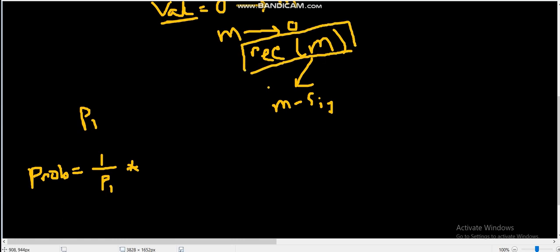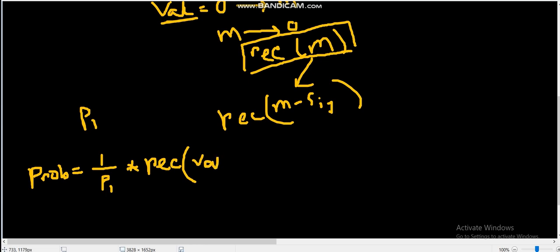Currently we have M points, and when we take some value from the wheel, the points decrease by S_ij, so M minus S_ij. So when we choose a value from the first wheel, our recursion value will be 1 by P_1 times the recursion of our current points val minus S_1j. We have to take the summation of all this.